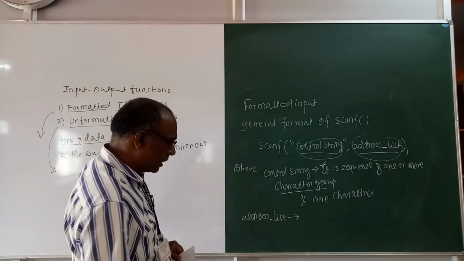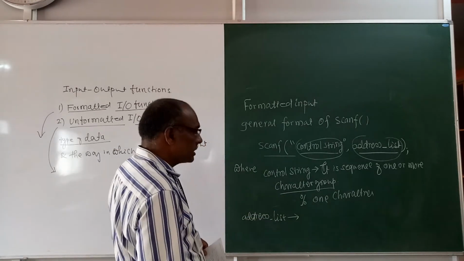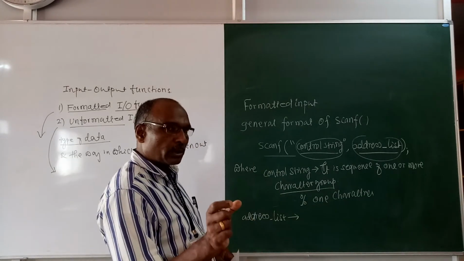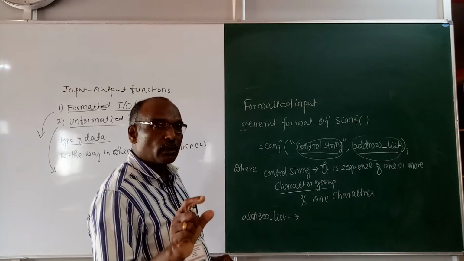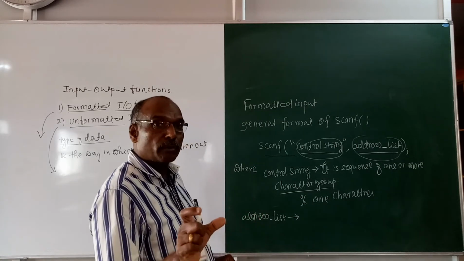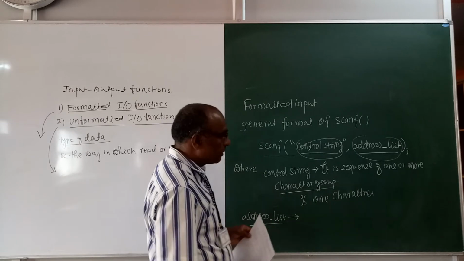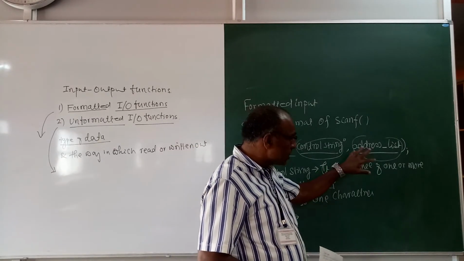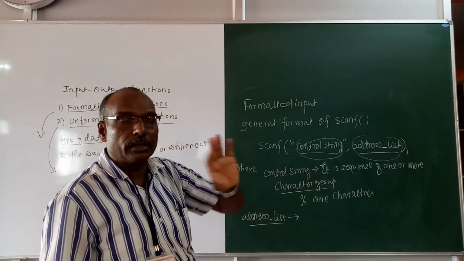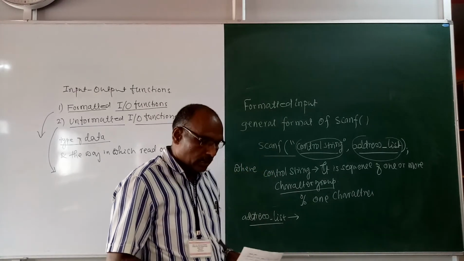I will give the table of conversion characters, for example %d for a decimal integer and %f for a floating point number, and so on. Address list specifies the memory locations where the values of the variables are to be stored, and this is about scanf.